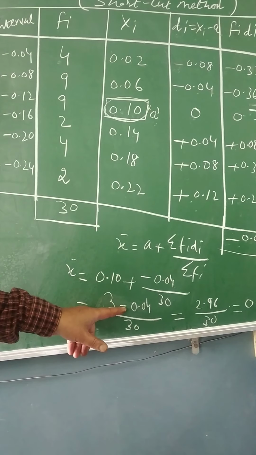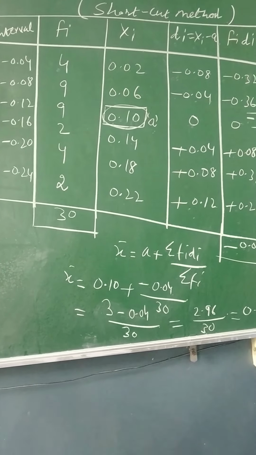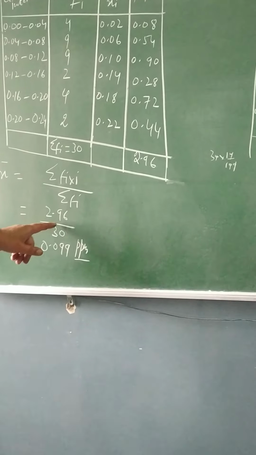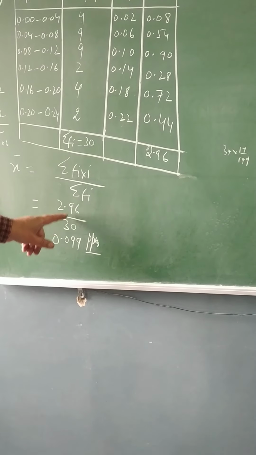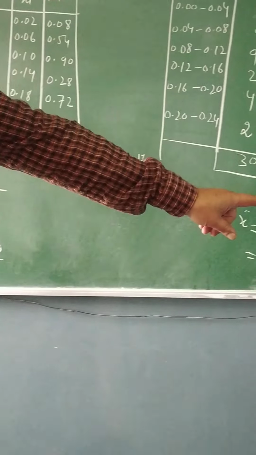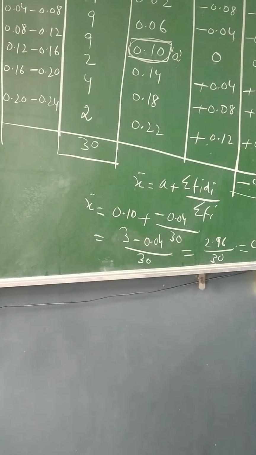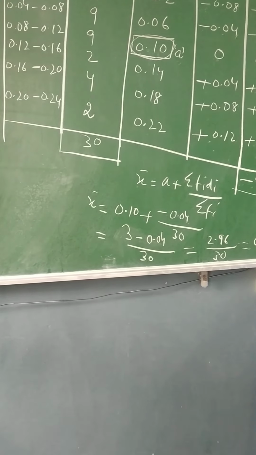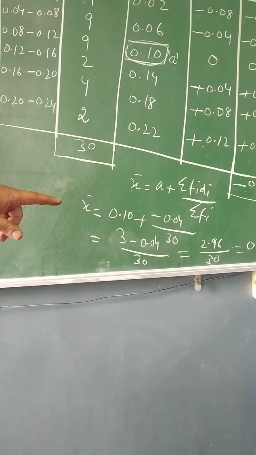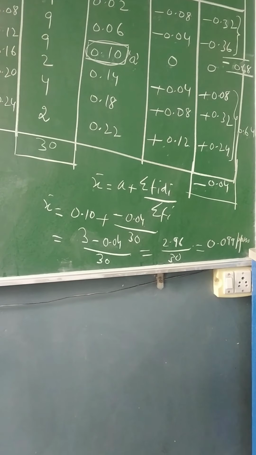Plus minus is minus, this will be 0.04, and again we are back to the same equation, that is 2.96 upon 30. So 2.96 upon 30 was the answer here. That will remain the same in the second, because whatever method you are applying, the mean will remain the same in all three answers. So you reach back to that 2.96 upon 30. Again your answer will be equal to 0.099.